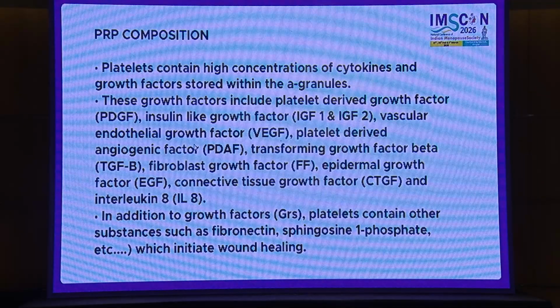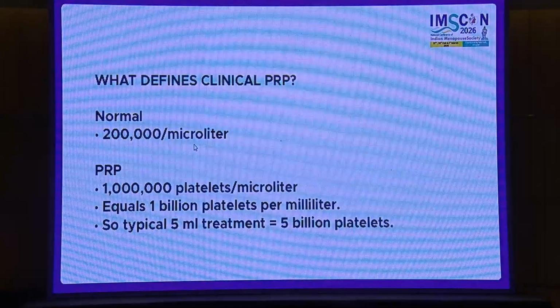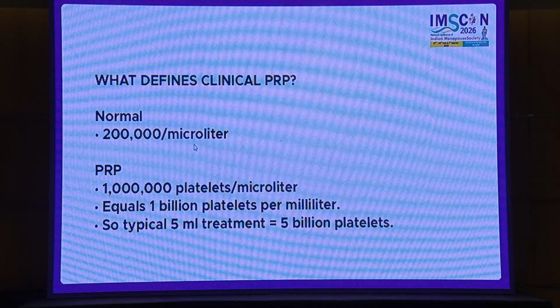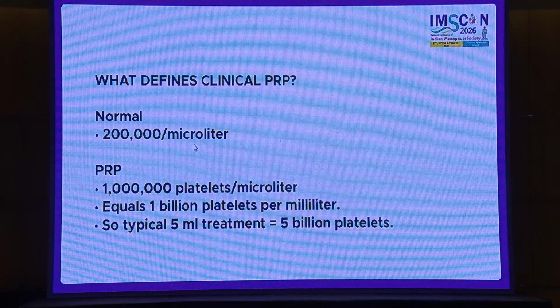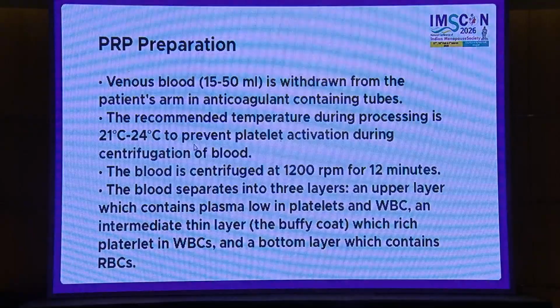These growth factors include platelet-derived growth factors, and there are many. I'll just skip the names. For example, if there are 2 lakh platelets in a microliter, when we concentrate it, 5 ml contains 5 billion platelets. So this is called platelet-rich plasma.